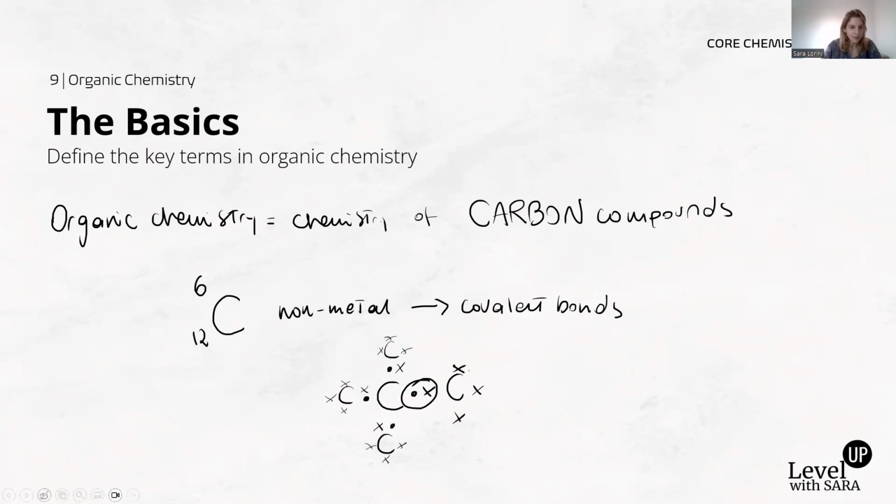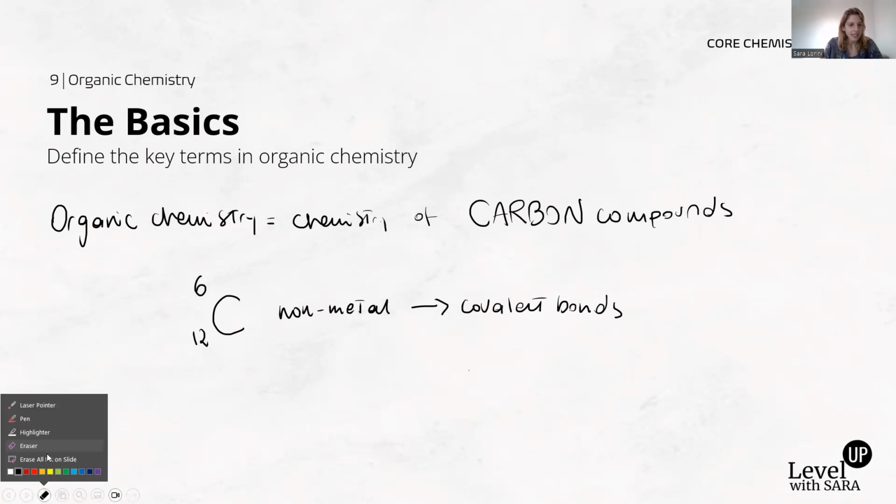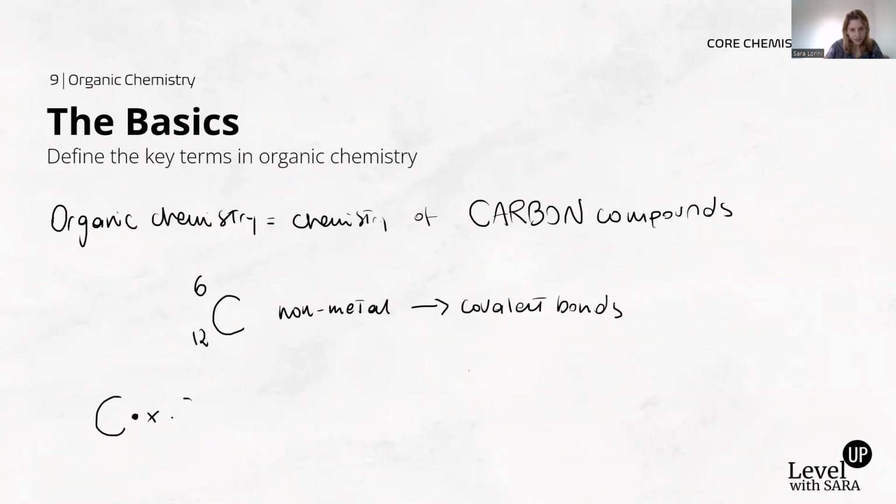Let me clear up the screen a little bit to make it clearer. There are 3 different types of covalent bonds that carbon can form. The one that we've just seen is a single bond, when there is 1 pair of electrons between each carbon. We can schematically write it with a line. So this is a single bond.